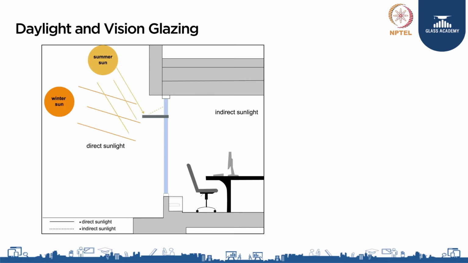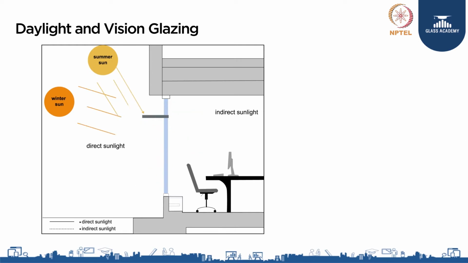Now imagine if this overhang's top surface is more reflecting, then not only will it protect the window below, it will also reflect the solar radiation towards the ceiling inside the space. We can even extend this overhang inside the building and make it a large piece which will redirect the incoming solar radiation and take it towards the ceiling. We call it a light shelf. So it gives both the advantages.